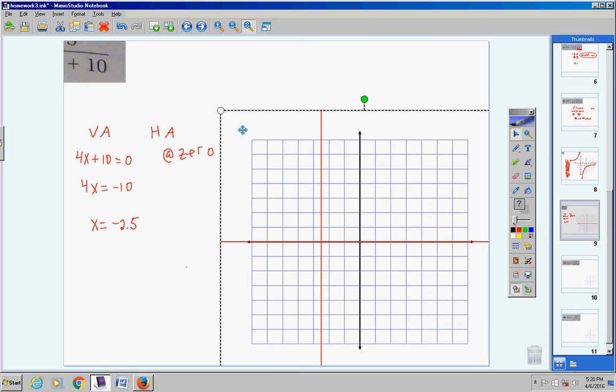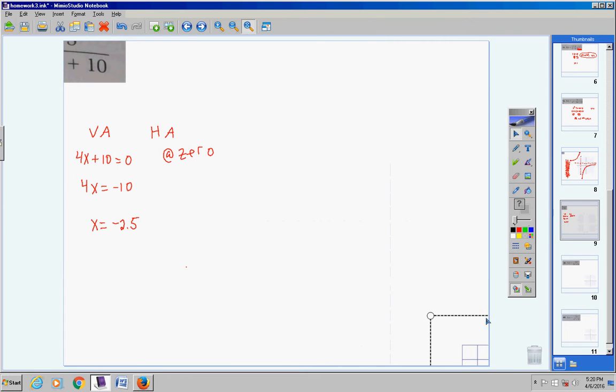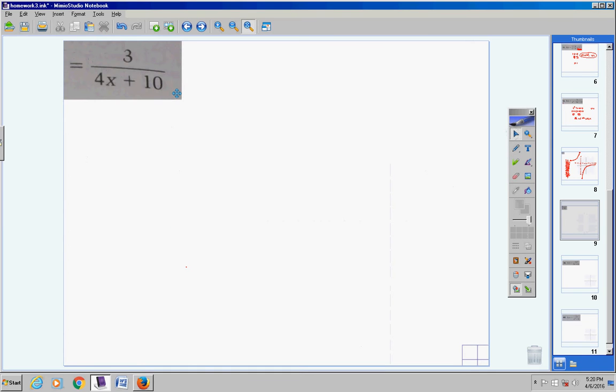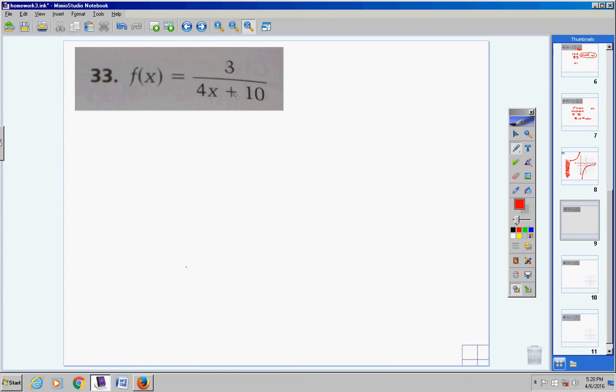Alright, there we go. Now next, let's find the x and the y intercepts, okay? In order to find the x-intercept, we take the numerator, set it equal to 0 and solve. Well, there's nothing you can do with 3 equals 0.